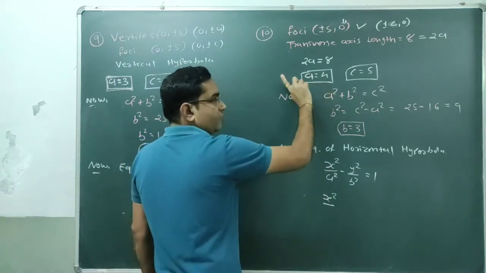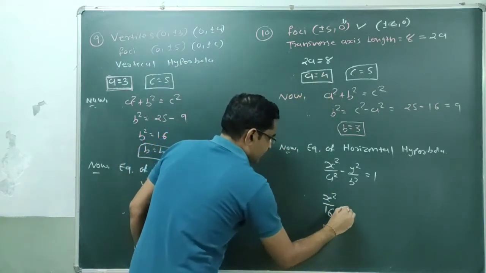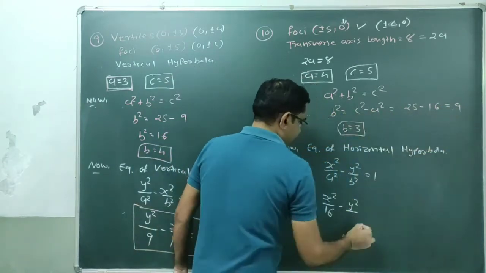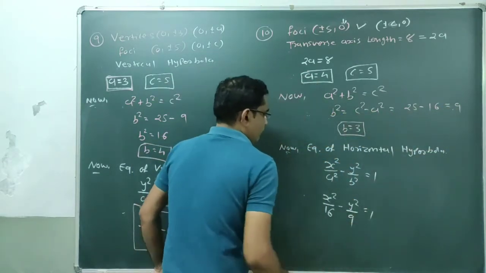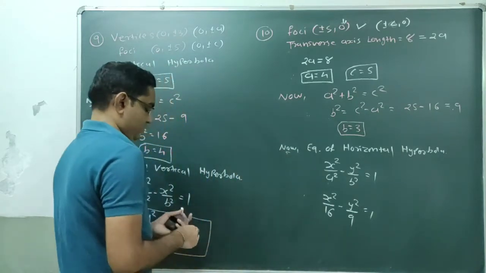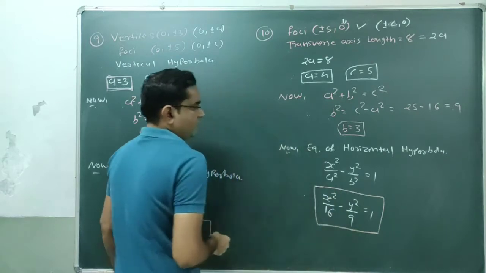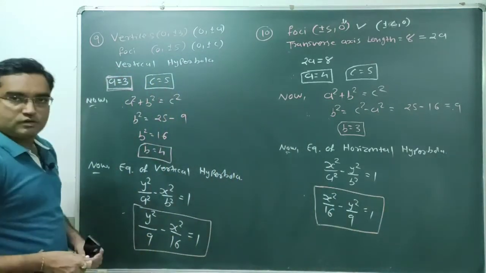A is 4, a square will be 16. So x square by 16 minus y square by b square 9 equal to 1 is the equation of the required hyperbola. Clear, students?